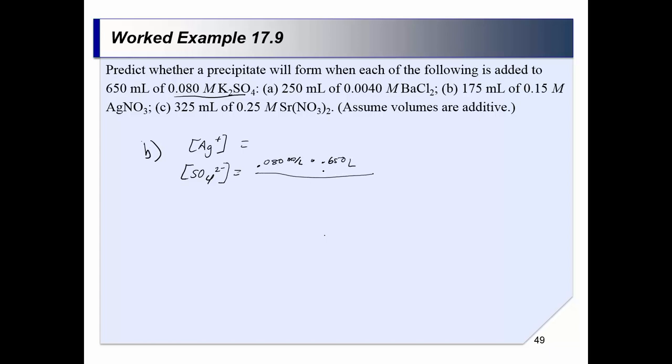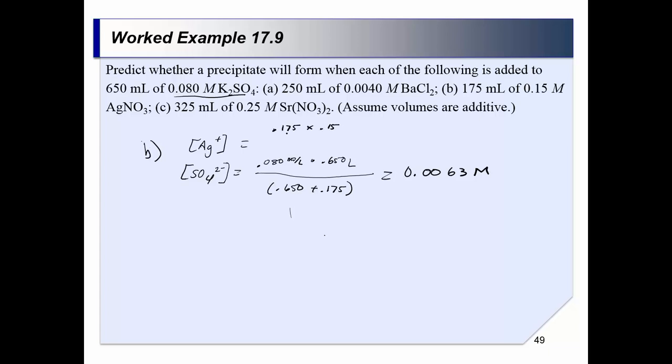Now my total volume here is going to be 0.650 plus 0.175 liters. So I get a total concentration of sulfate in this case of 0.0063 molar.